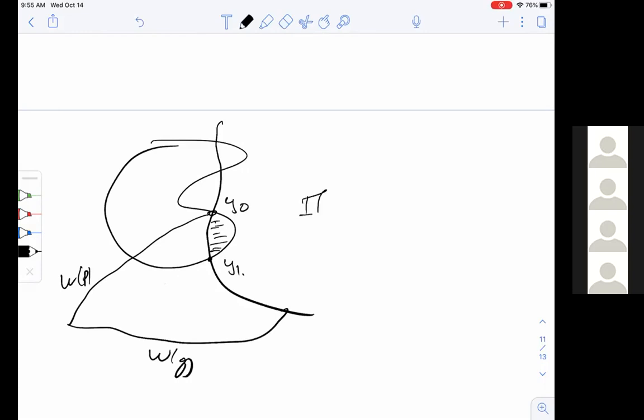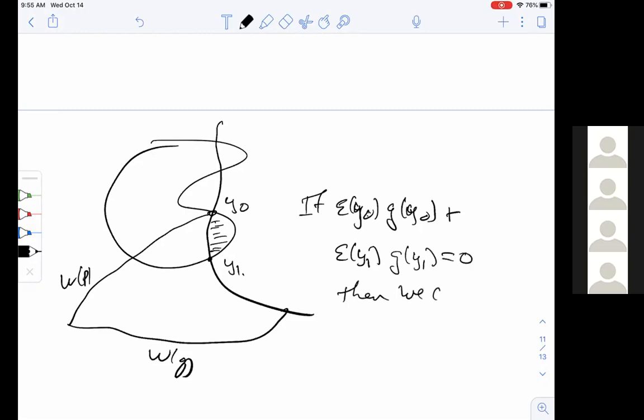So if epsilon y0 g y0, so this is the sign of intersection at y0, this is the group element of intersection at y0, plus epsilon y1 g y1 equals 0, then we can apply the Whitney trick.